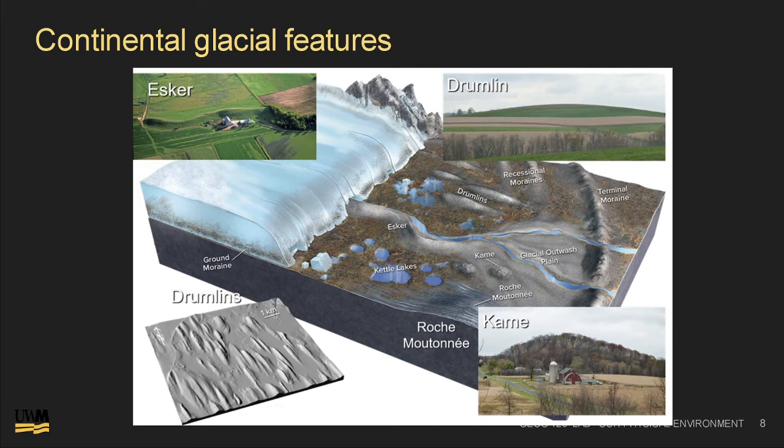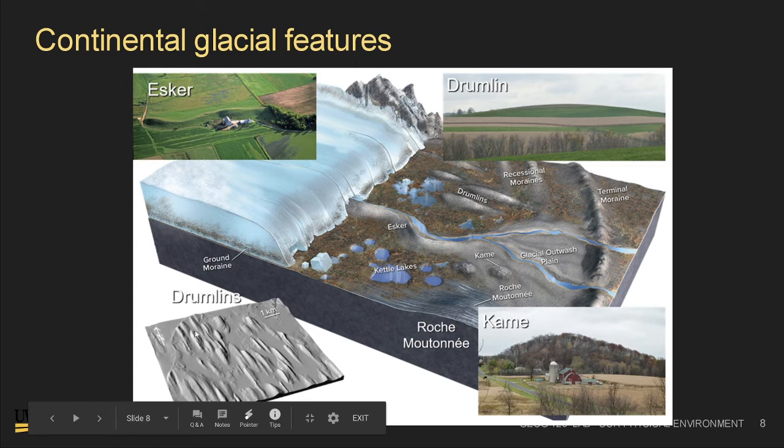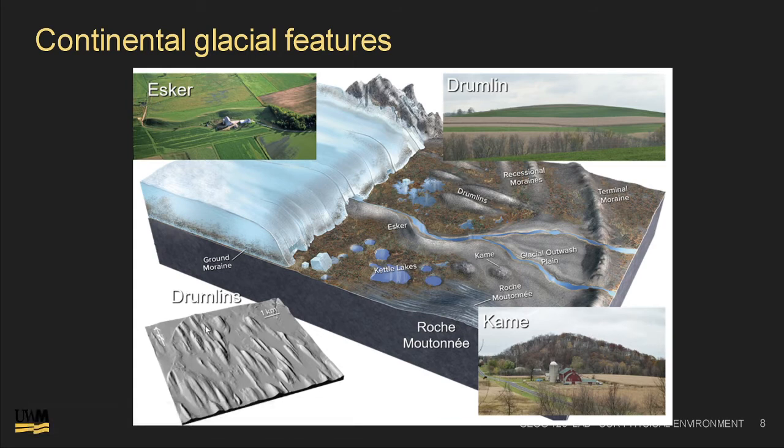Same as drumlins. Drumlins are smoothed out piles of stuff. They have these basket of eggs style shapes with them two to three times longer in one axis than the width in the other.